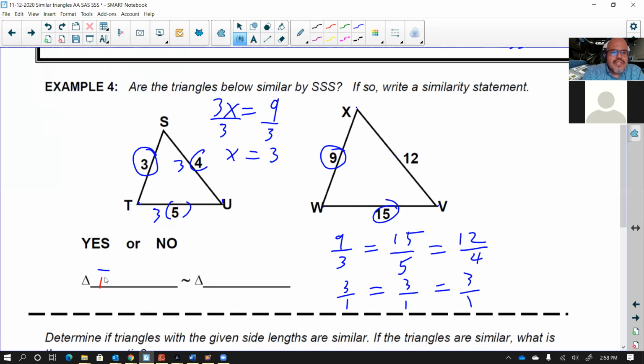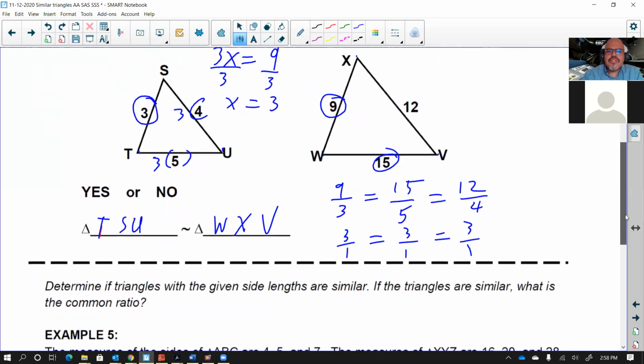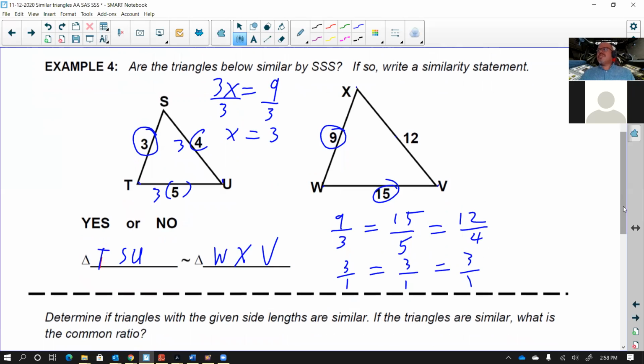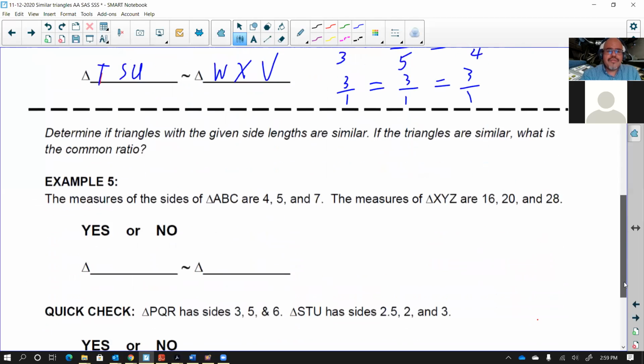So this is TSU, and this is WXV. It depends on how you find your common ratio. As long as you can find a common ratio and you can see the multiplications, the factors, you got it. I don't care how you find it, as long as you find it.